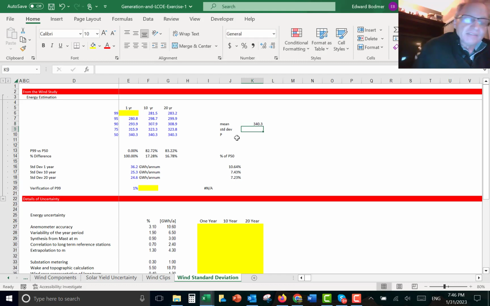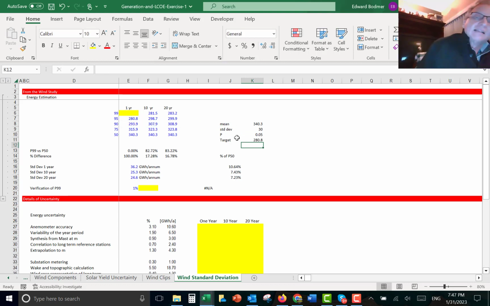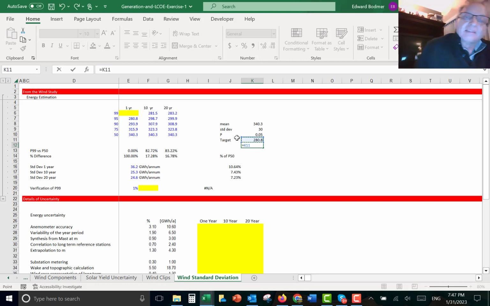For the standard deviation, I don't know, I'm going to put 30. And the P level is 0.05. It's a complement, and the target then is 280. I can even take it from over here. Then let's take the difference.